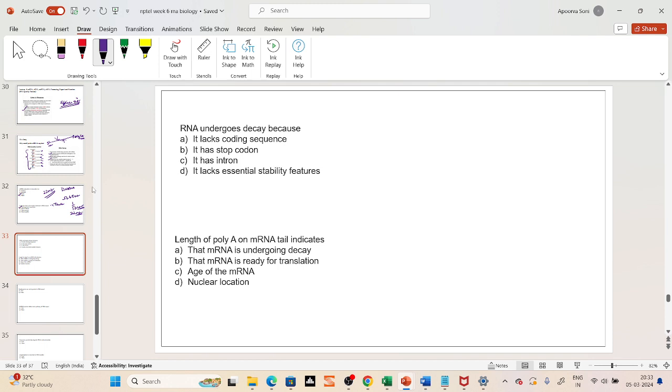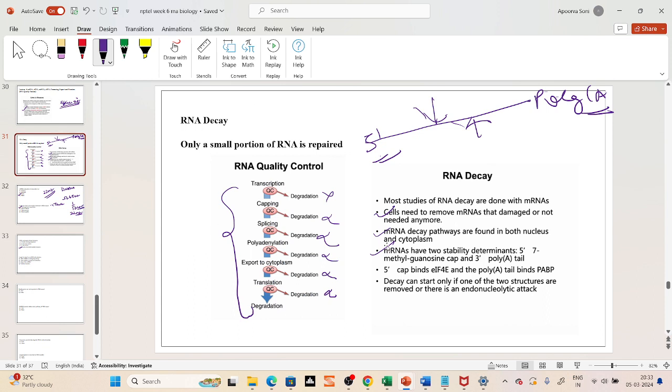It lacks essential stability features. So just now we have talked about that the two stability determinants in mRNAs are the 5' capping and 3' poly A tail. If either of them is removed or there is an endonucleolytic cleavage, then that mRNA is marked for decay.